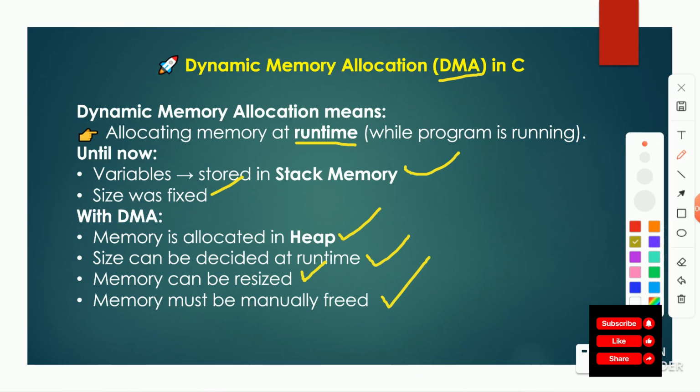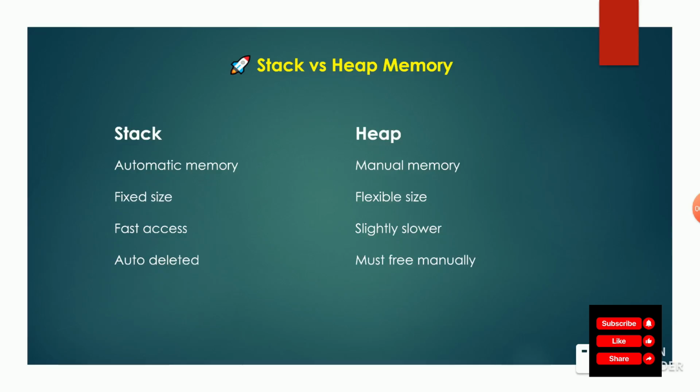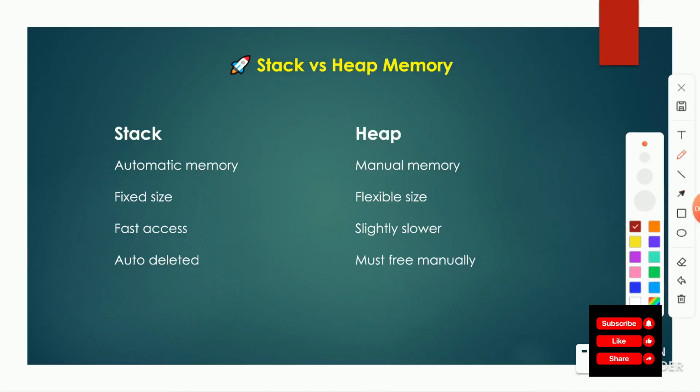So the basic difference between stack and heap memory: stack is automatic memory, right, and heap is manual memory. Stack has a fixed size and heap has a flexible size. Stack is always fast as compared to heap, and heap is slightly slower as compared to stack.